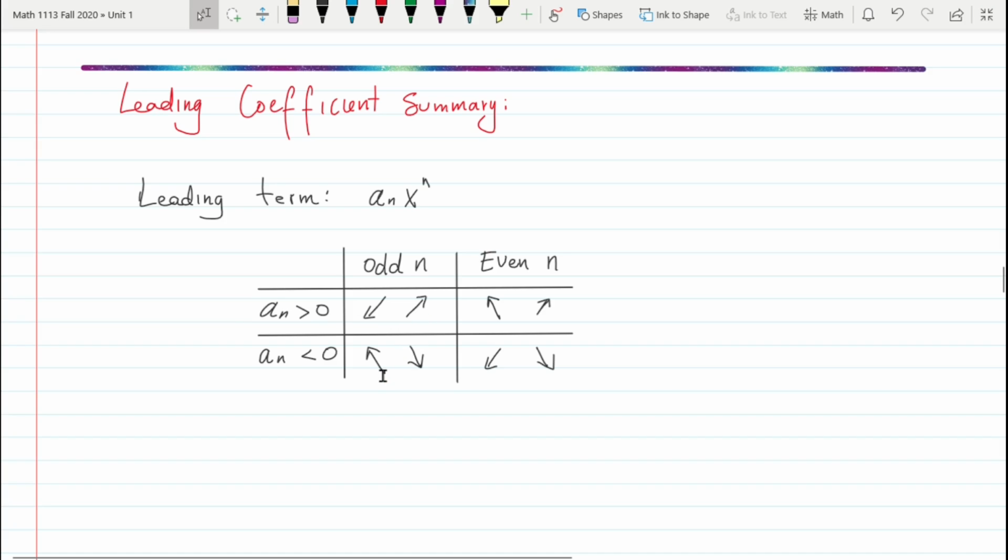If you have an odd power but a negative coefficient, then your left leg rises, your right leg falls. And then here they both point in the same direction. They just depend on whether the coefficient is positive or negative.